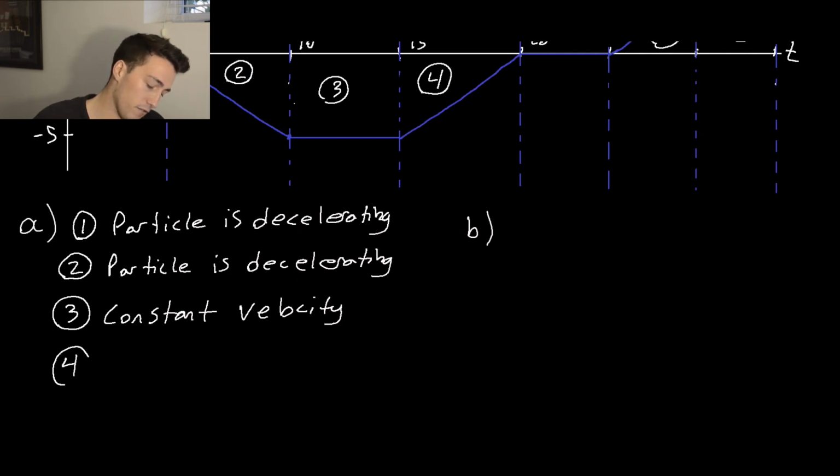Next, we have section 4, and section 4 now has a slope, so we know that the object is either accelerating or decelerating because it's a velocity versus time graph. But in this case, the slope is positive because the point at 20 seconds is higher than the point at 15 seconds. So we could say particle is accelerating.